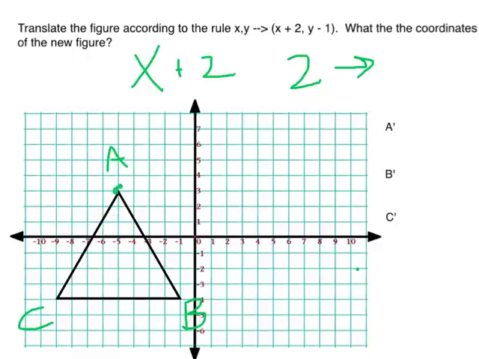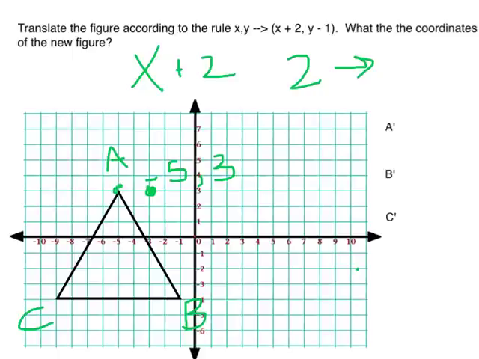Coordinate A right now is at (-5, 3). What I want to do is add 2 to my x value of -5. So the only thing that's changing right now is -5. I'm adding 2 to it. -5 plus 2 is -3, which actually puts me right here.